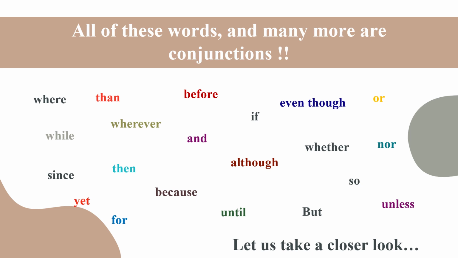So these provided words are conjunctions and they are basically used as the form of conjoining. What is conjoining? Conjoining means to join or accumulate the different parts of sentences.